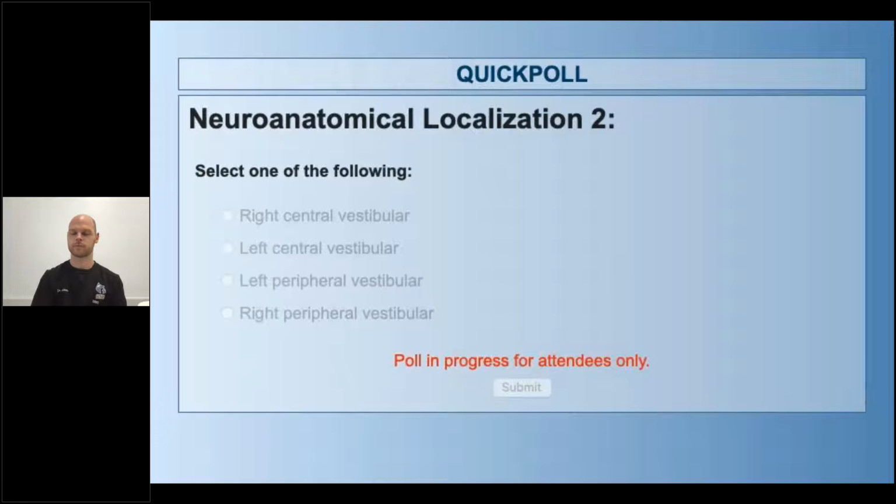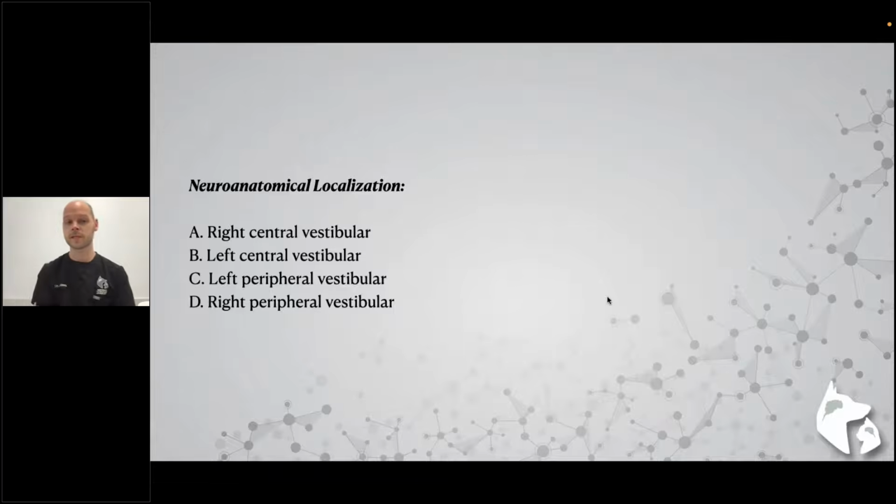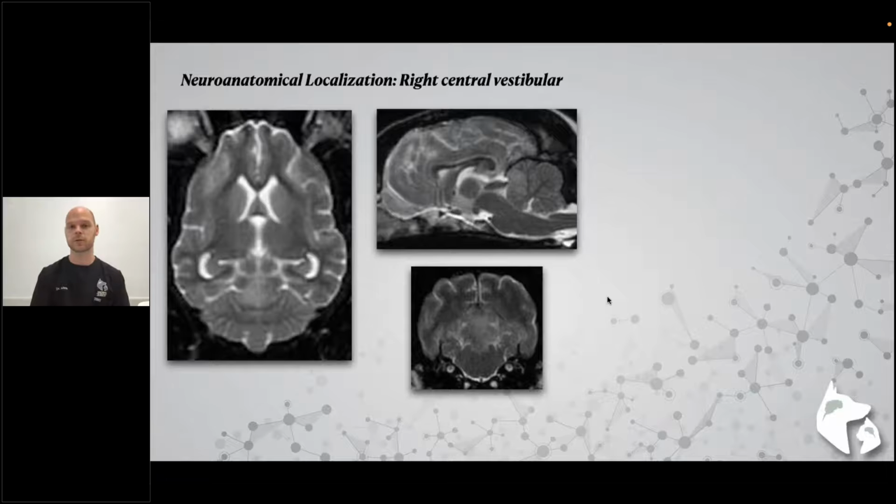Okay. Again on this one, we had a proprioceptive deficit, which means we can automatically rule out peripheral, so C and D. It can't be peripheral if we have proprioceptive deficits. So then the question is, is it right central or left central? And it was right central.